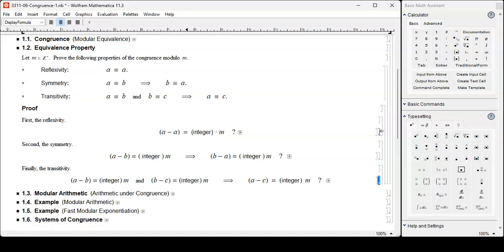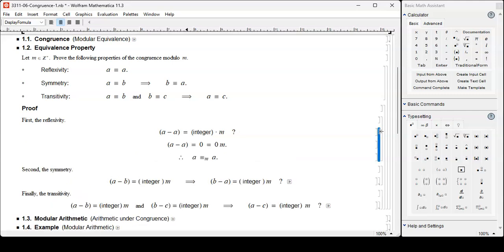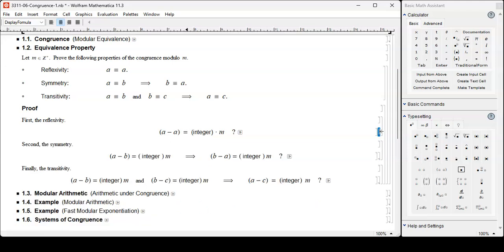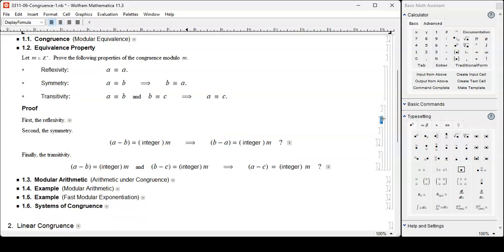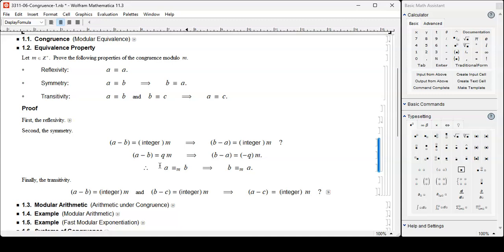Let's go back to the easiest one. What is this integer? Clearly that's 0. So 0 times m is 0. Okay, that qualifies everything. Such an integer exists. So this is true. So reflexivity is done. Next, the symmetry. If such an integer exists, let's name it, say, q for quotient, then the second integer is negative q, obviously.